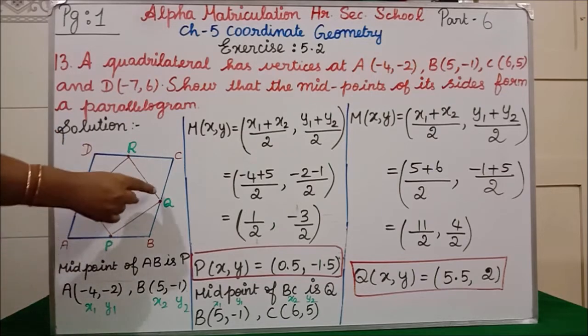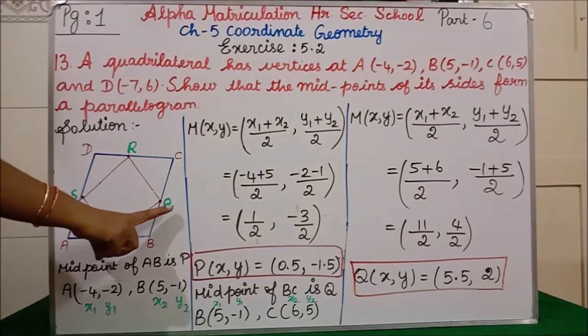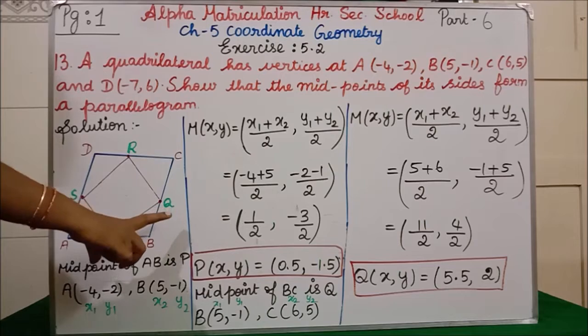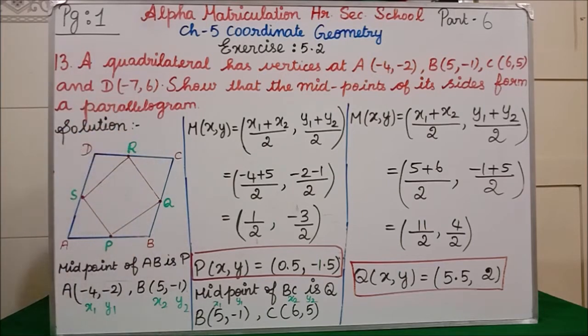Afterwards, we are joining the lines. After joining, we have to prove that PQRS is a parallelogram. Parallelogram means the condition: slope of PQ is equal to slope of SR, so the same answer you get for PQ you have to get for SR also.